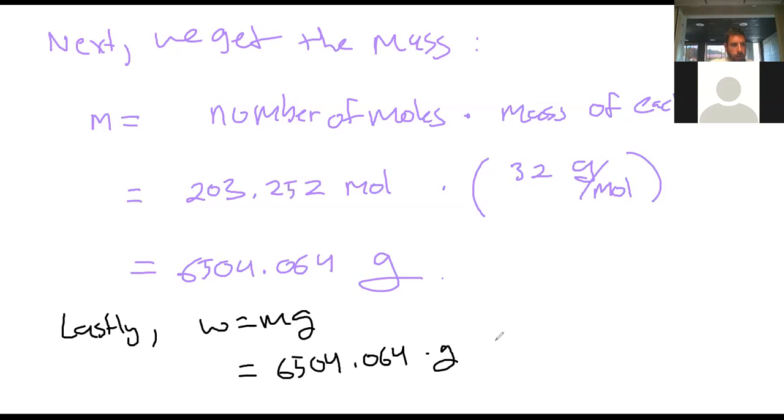Now, what's our gravity? Our gravity is 9.8 meters per second squared.